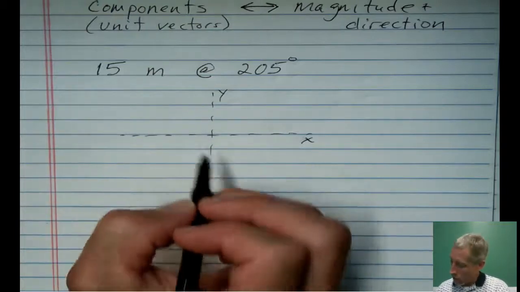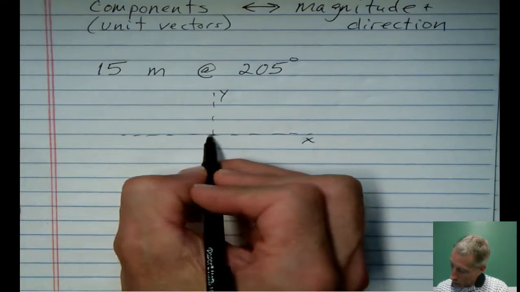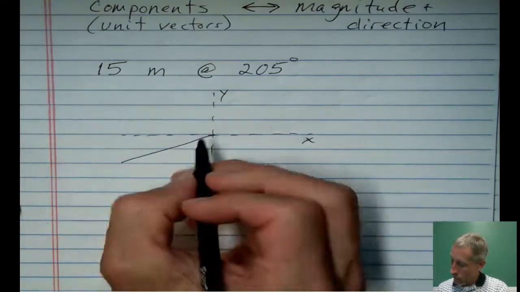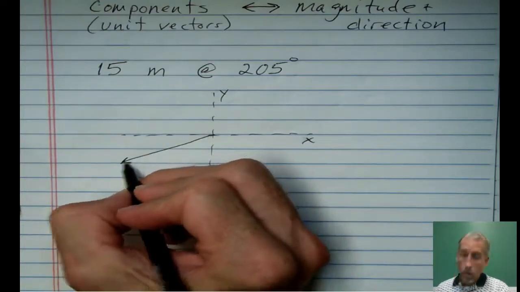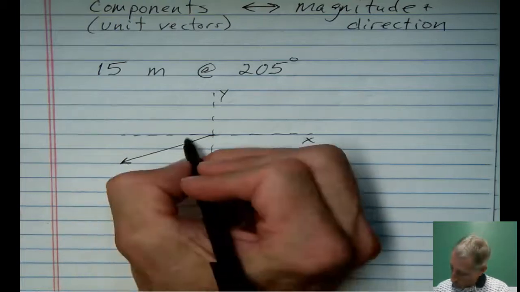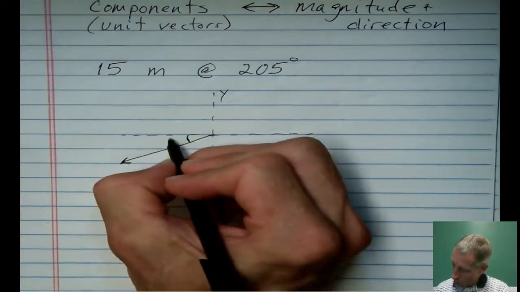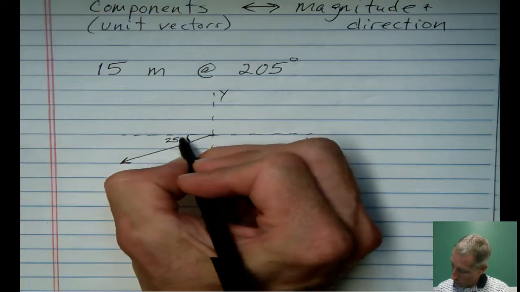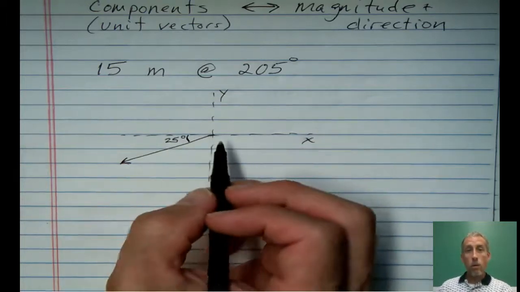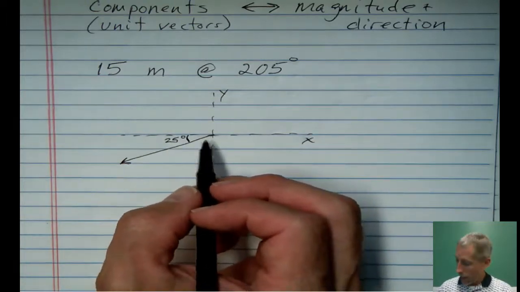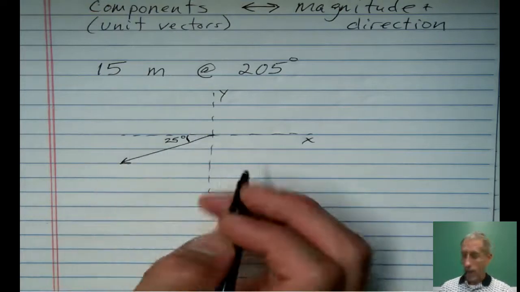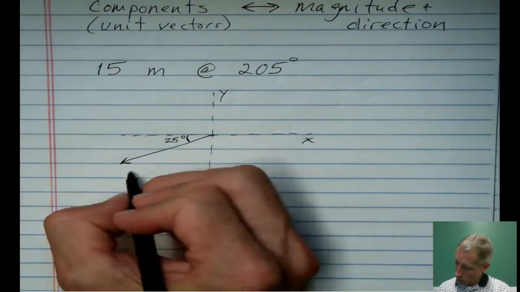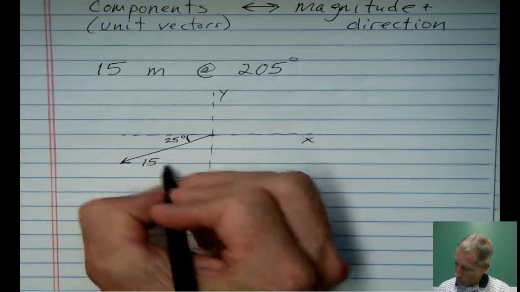So you see that math that I did there. So I'm going to draw an arrow at about 25 degrees beyond the negative x-axis. Again, beyond means counterclockwise. I'm going to label that there, 25. I got that by doing 205 minus the 180, which is where the negative x-axis points. And this arrow will represent my 15 meters.